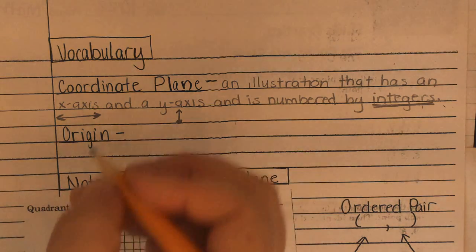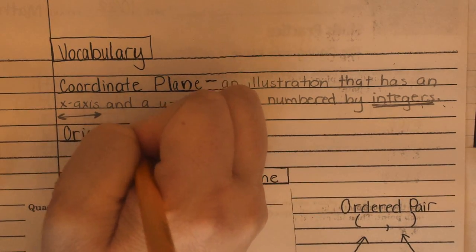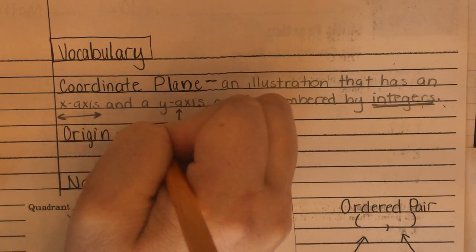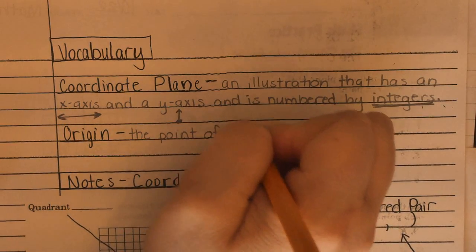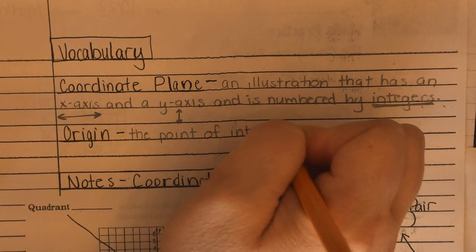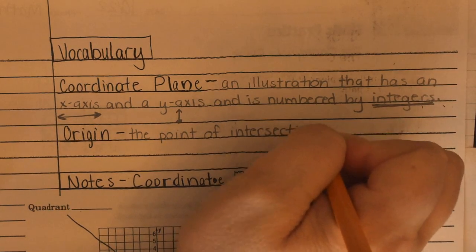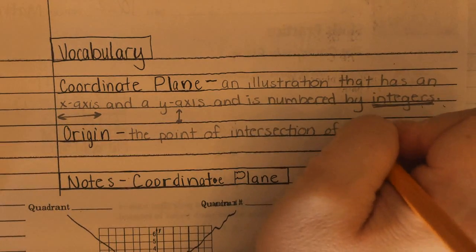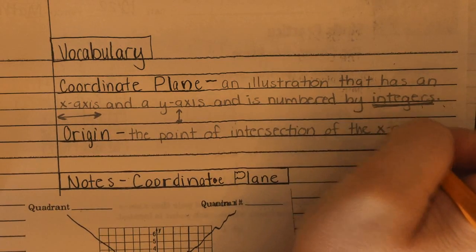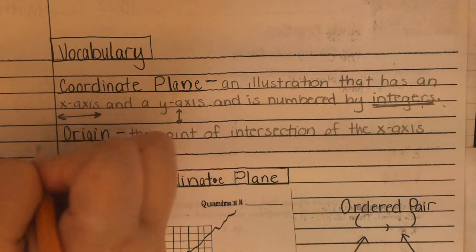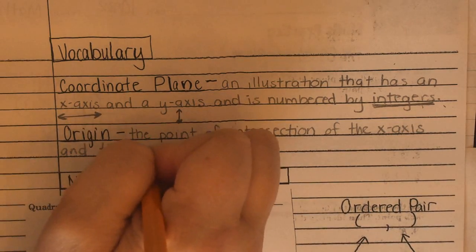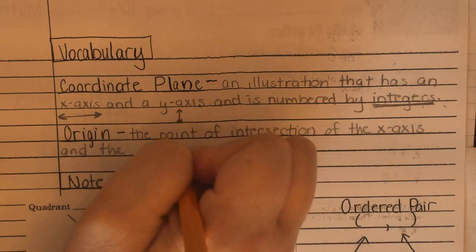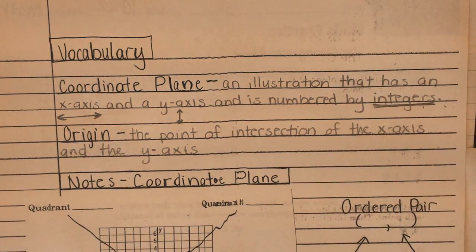So we're going to say the origin is the point of intersection of the x-axis and the y-axis. The point of intersection for the x-axis and the y-axis.